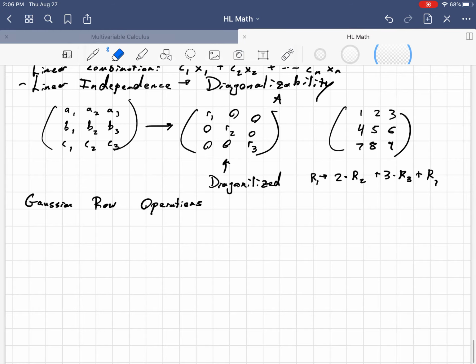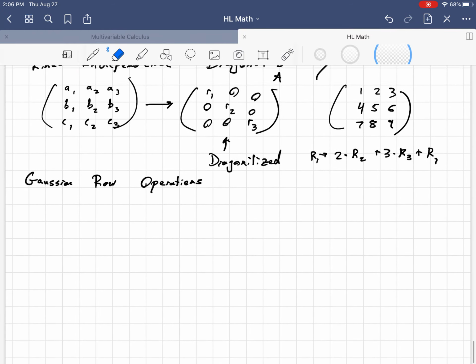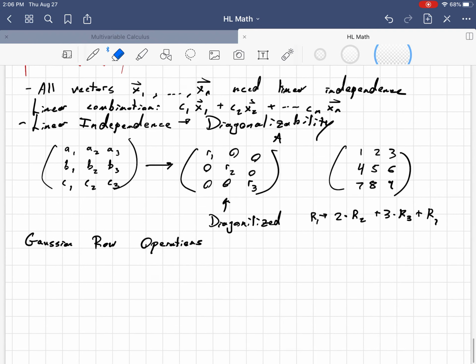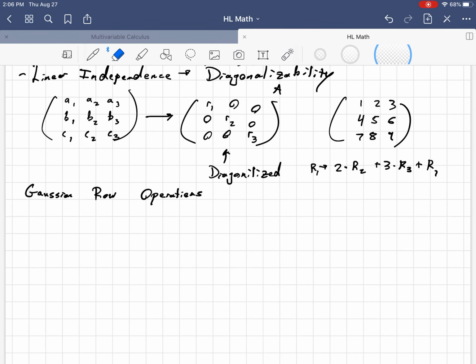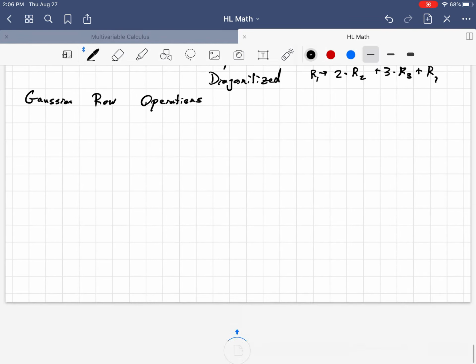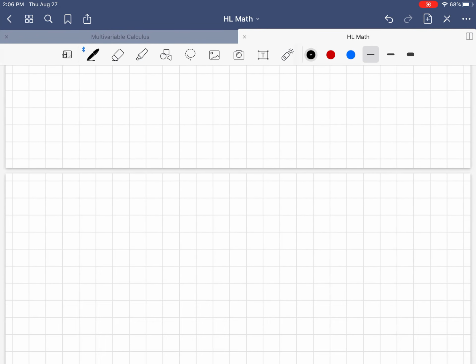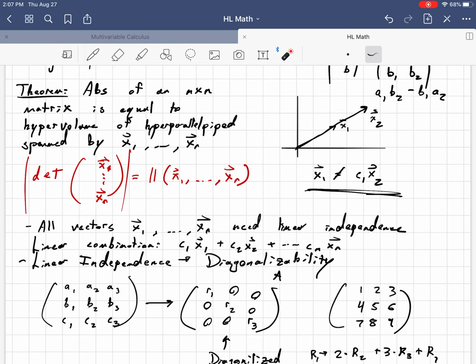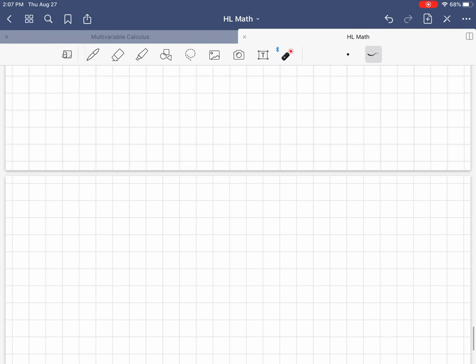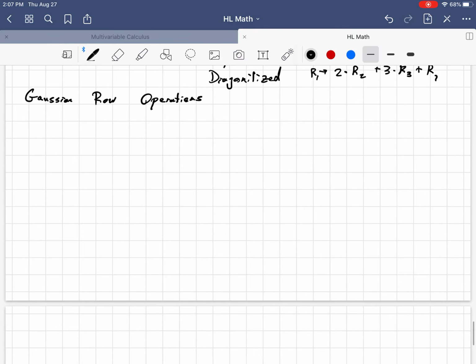The reason is that adding or subtracting, because subtracting is just adding the negative, linear combinations of a row, which is really a vector, to any other row is, in essence, just a rigid transformation of the parallelepiped that the vectors geometrically represent.